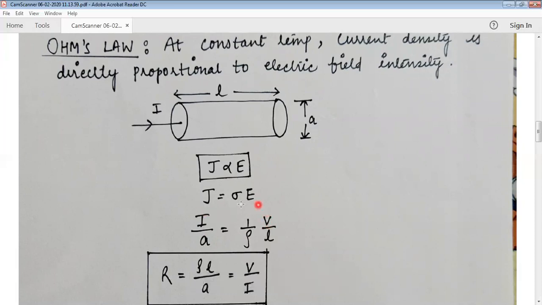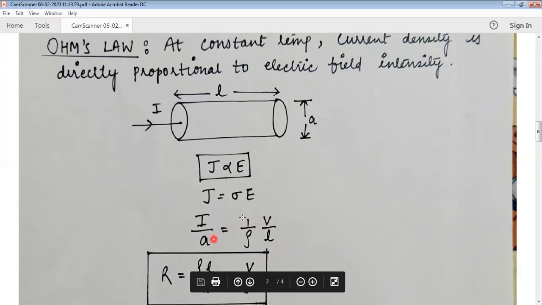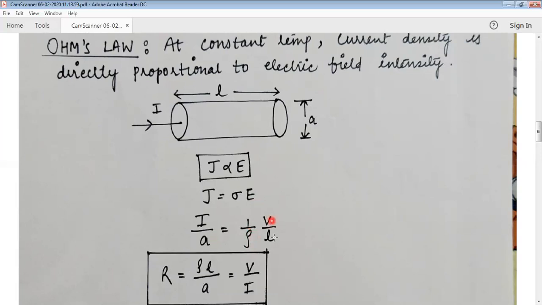So the same statement I have written like this: current density, conductivity in terms of resistivity, and electric field as V by L. Clear? Now here, you can take this term A to this side, and L and rho you take to the other side.